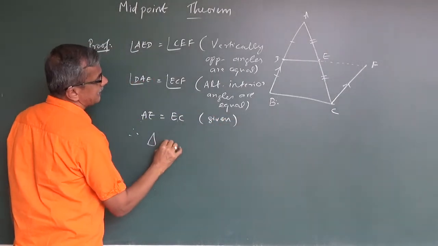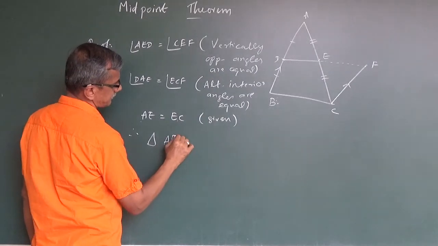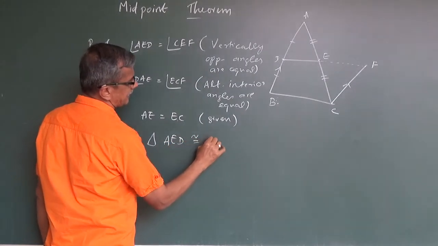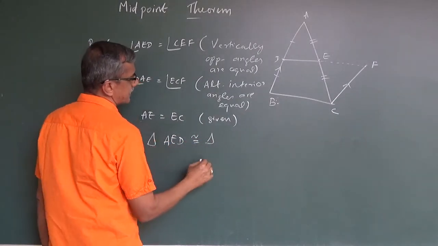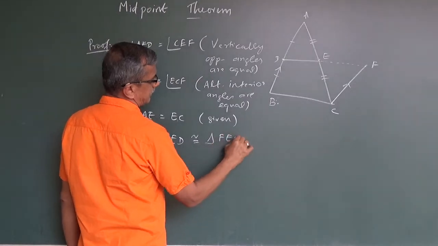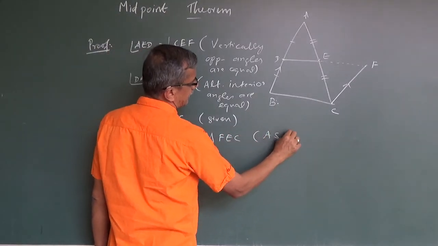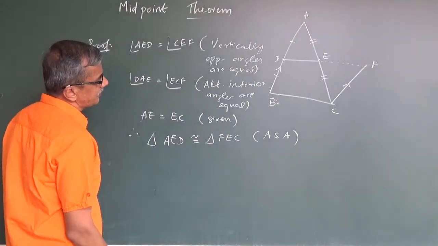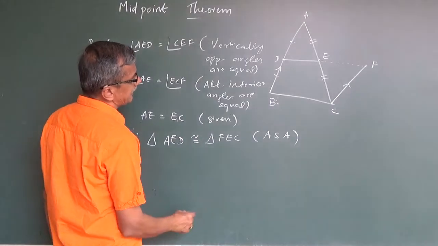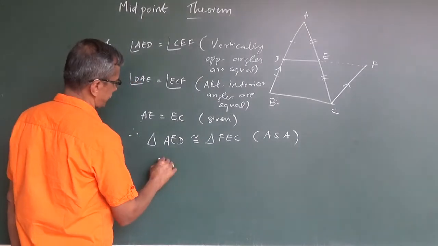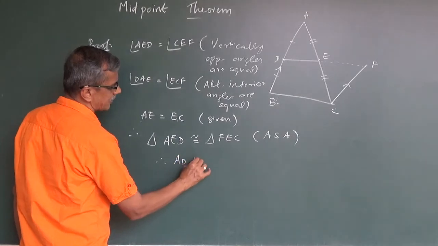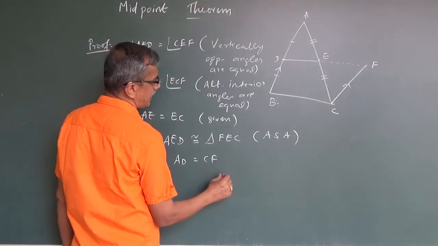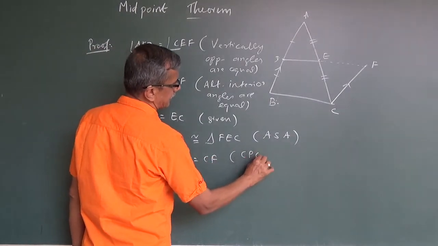Therefore, triangle AED is congruent to triangle FEC by angle side angle. If they are congruent, then AD is equal to CF. Therefore, AD is equal to CF by CPCTC.